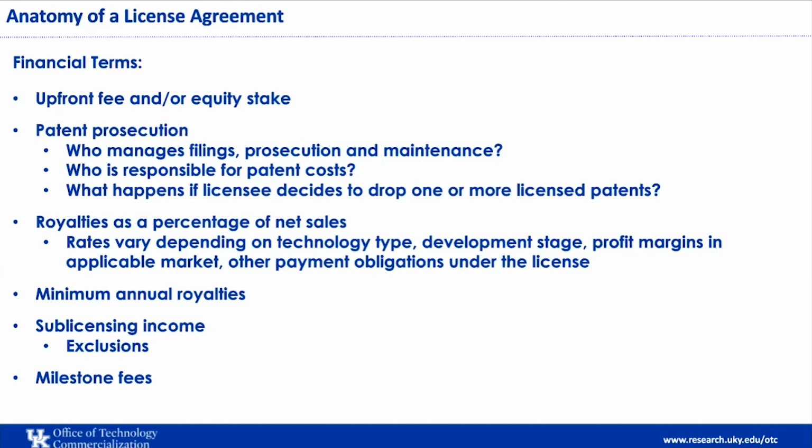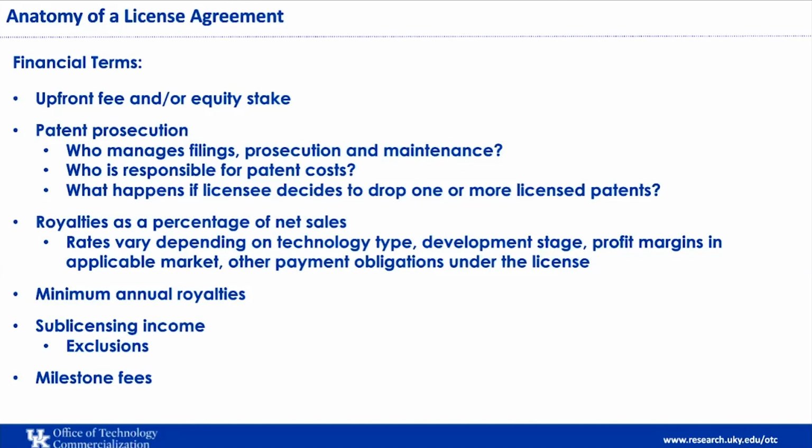Minimum annual royalties would come into play if, hypothetically, a technology can reasonably be expected to reach the market in 4 years, and we sign a license agreement today. We might say that in the 5th year of the license agreement, a minimum annual royalty of some probably modest amount would be due.